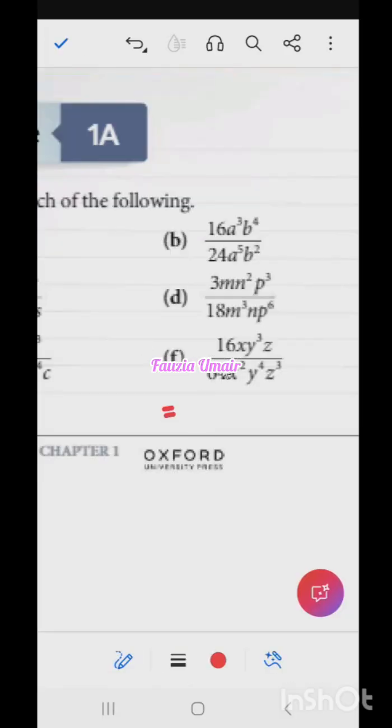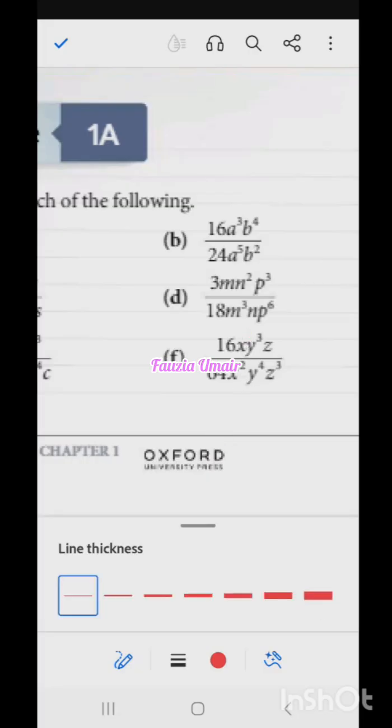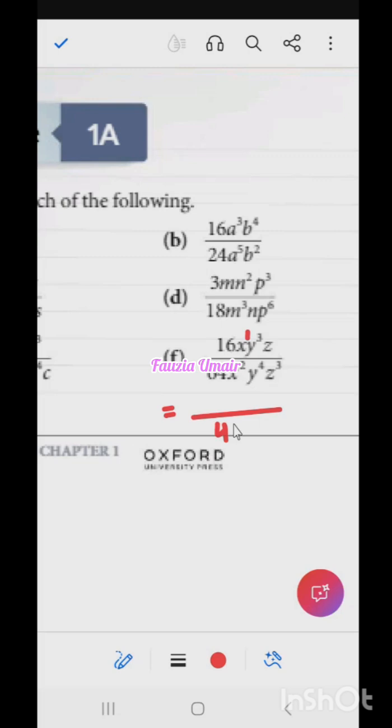If we simplify these two numbers, 16 and 64, the answer would be 4. So 4 will be the one which is left in the denominator from these numbers. So x raised to power 1 is on the top and x square is in the denominator. The bigger term, I told you that we will keep it in the bigger term.